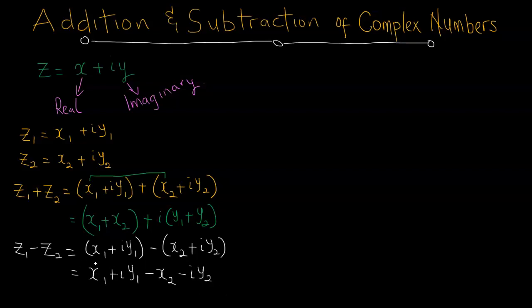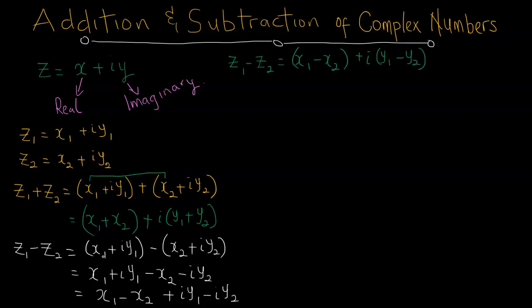Collecting like terms, x1 is the real part, and x2 is the real part of the other one, so this is x1 minus x2, plus, combining the imaginary parts, iy1 minus iy2. Thus, z1 minus z2 is the difference in the real parts, x1 minus x2, plus i, which is common here, times the difference in the imaginary parts. So this is how to subtract a complex number from another one.